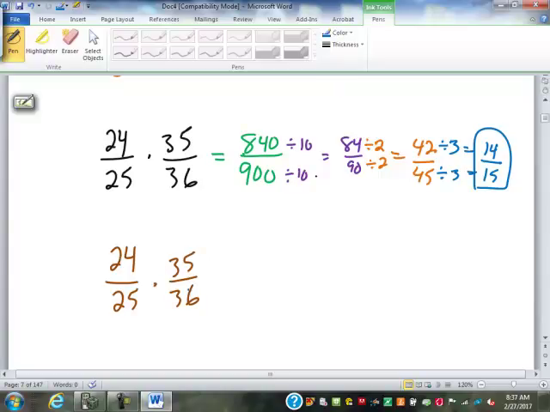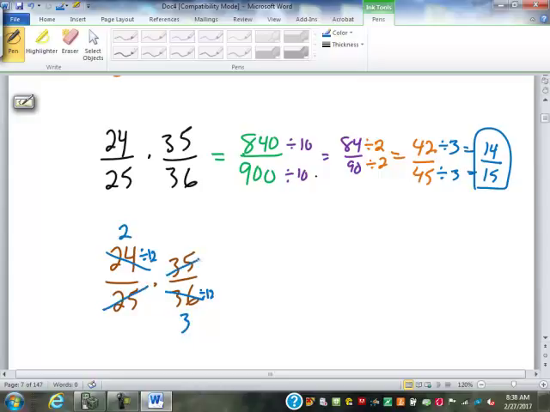But anyway, here, 24 and 36 can both be divided by what? They can both be divided by 4 and 6. They can also be divided by 12. If you saw the 6, you divide by 6, you divide by 2 again. 24 divided by 12 is 2. 36 divided by 12 is 3.